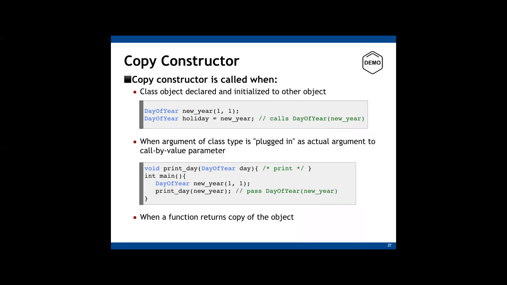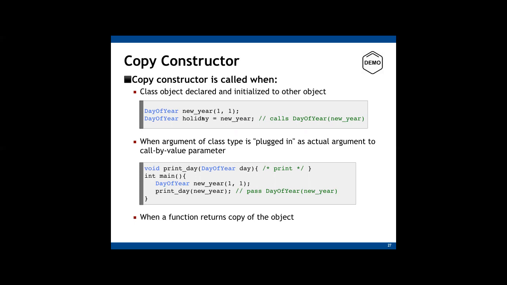The copy constructor is used in 3 different cases. First, it is used when we initialize one object from another object of the same type. If you look at this example code, we create a new uYear object. This object's type is the dayOfYear class type using this 1, 1 argument.